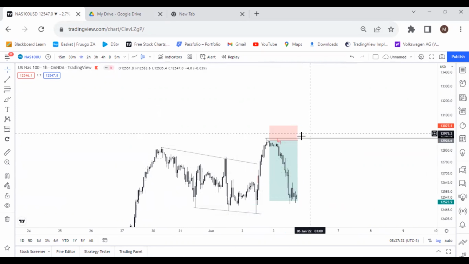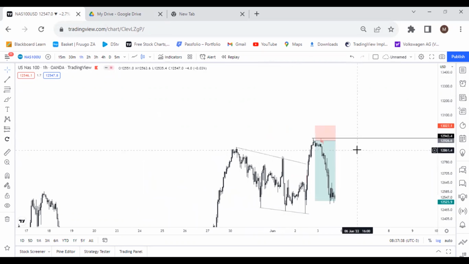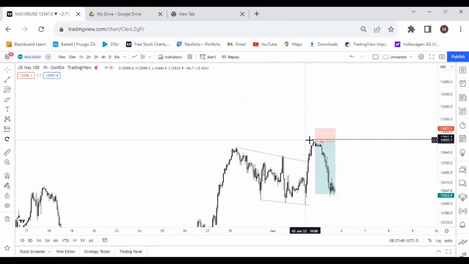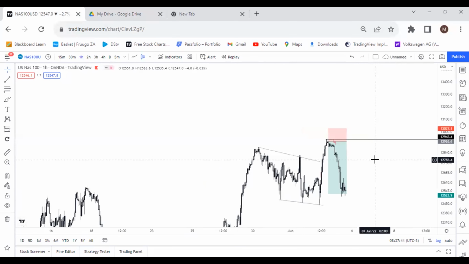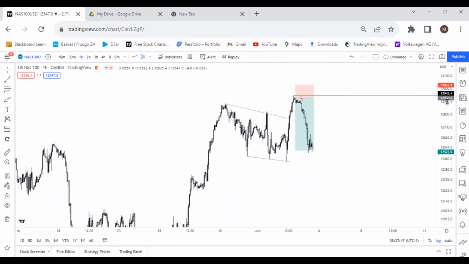But then obviously I didn't hold for that long because I didn't think it would be that crazy. But again, Nasdaq is quite unpredictable, so these things do happen.